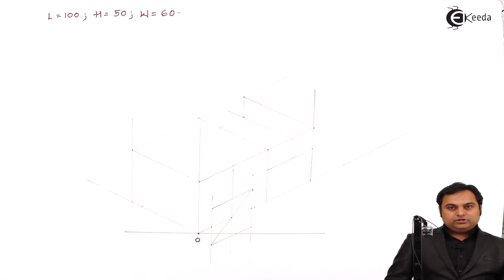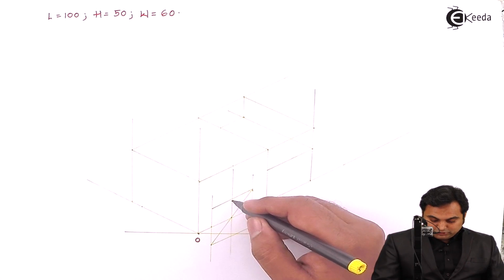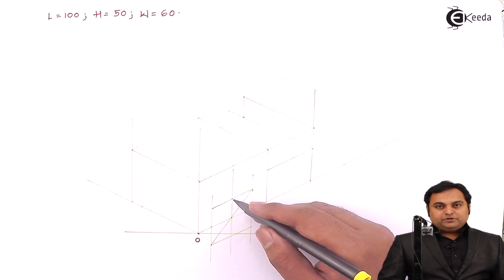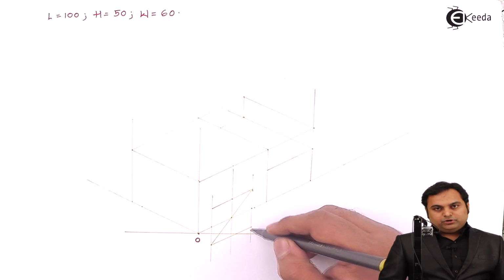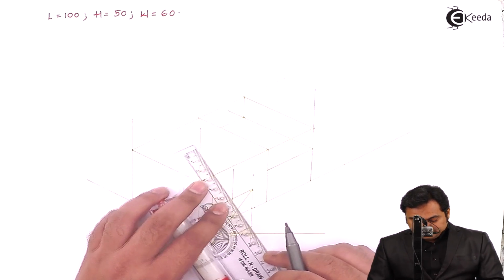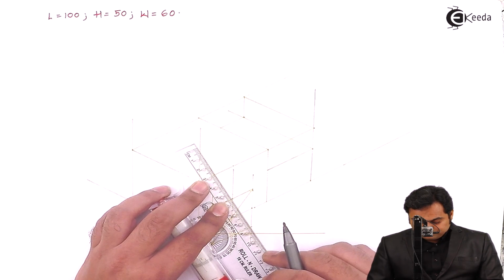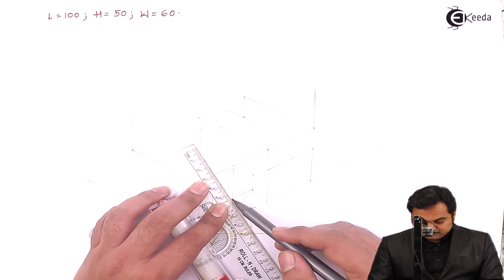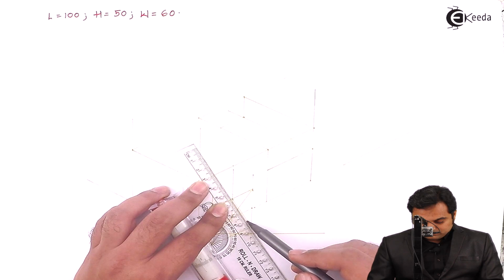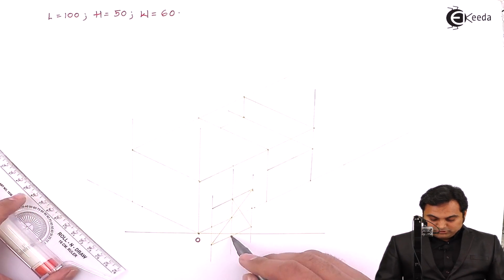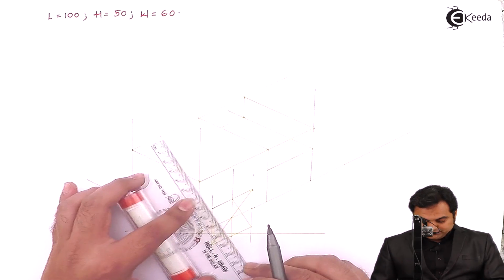Next, after joining the longer diagonal, here I have the top midpoint. So this top midpoint will be connected to its opposite bottom corner. So I am connecting it with the help of light line. Then bottom midpoint to the opposite top corner.